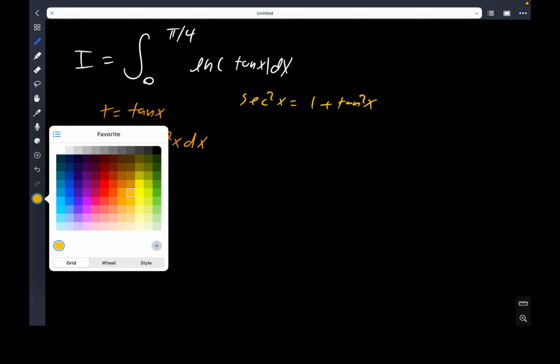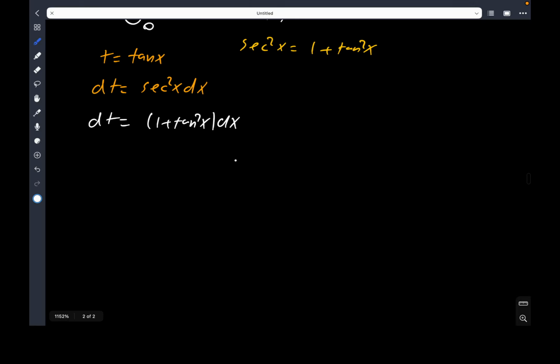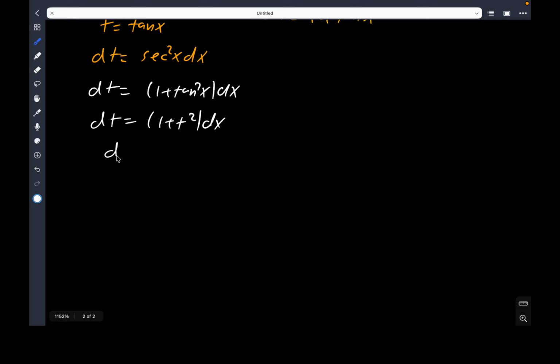So if I replace it here, I'm going to get dt equals 1 plus tan squared x dx. And since t equals tan x, my dt is going to be 1 plus t squared dx. Therefore, dx is dt divided by 1 plus t squared.